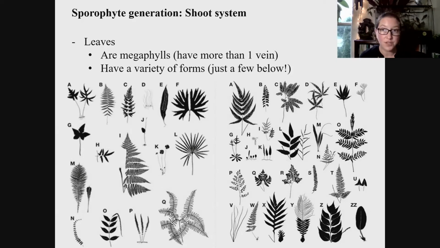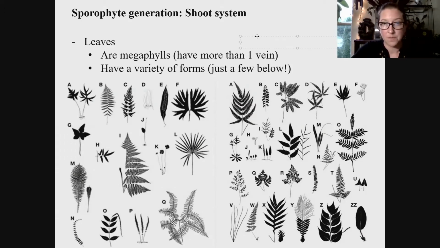Ferns and all the other plants that we look at going forward have megaphylls. This is another case where we have to keep organized.